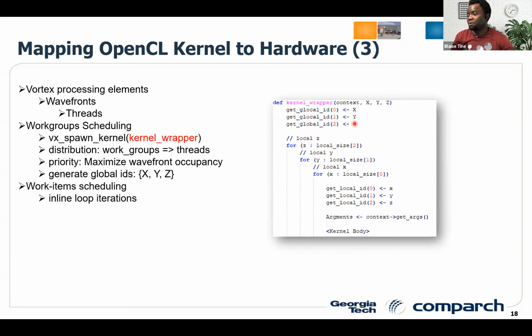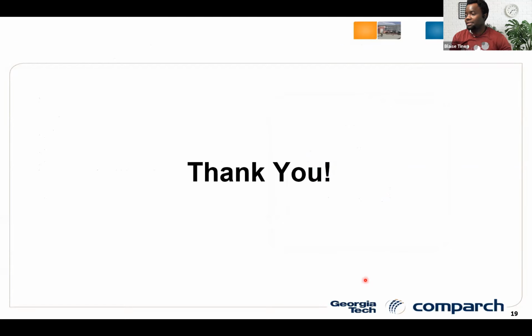There is a context that is passed through the wrapper that allows us to retrieve the arguments for the kernel. And then we can call the kernel at the bottom. That will be all for this part of the presentation. Thank you.